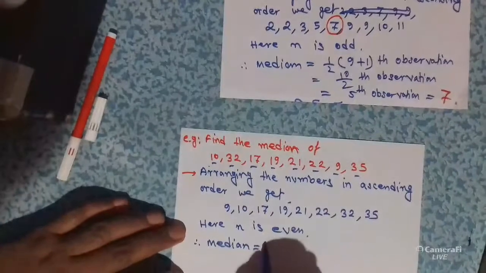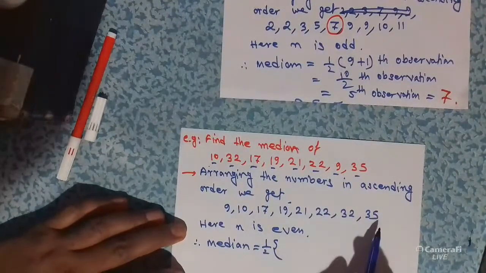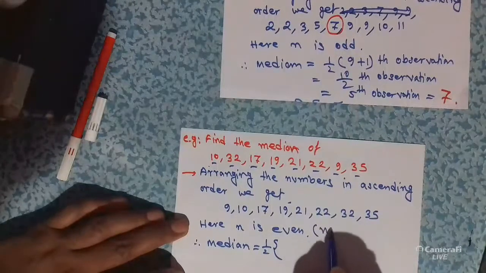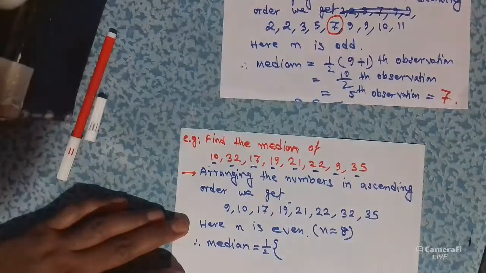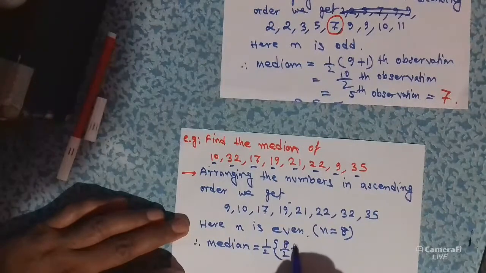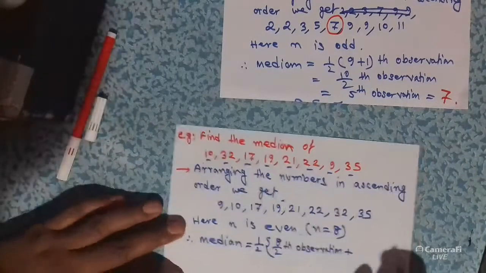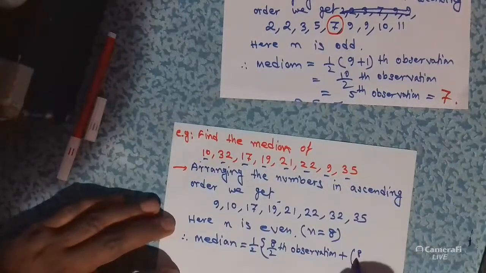Here n is equal to 8. So n by 2, that means 8 by 2 th observation, plus n by 2 plus 1, that means 8 by 2 plus 1 th observation.